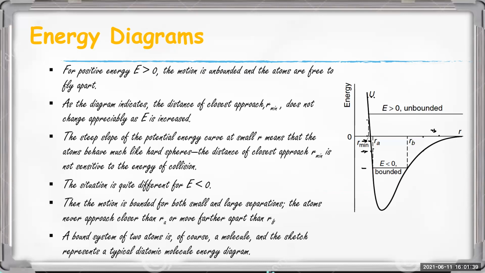Say it is a bound system of two atoms. It forms a molecule. So this energy diagram is a typical diagram for a diatomic molecule.